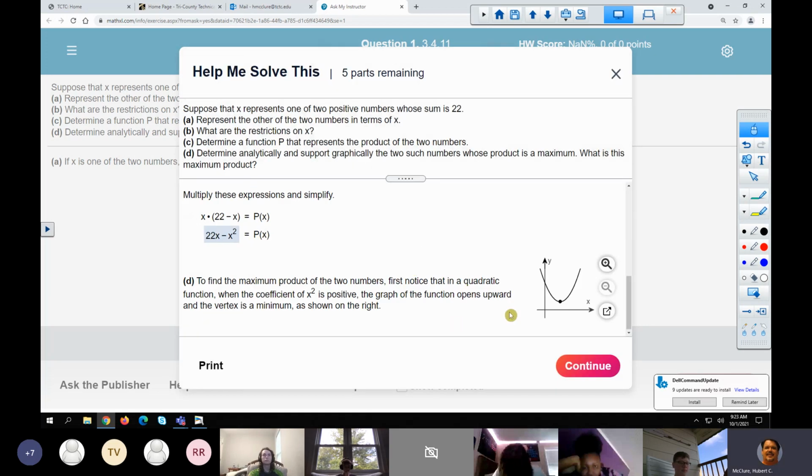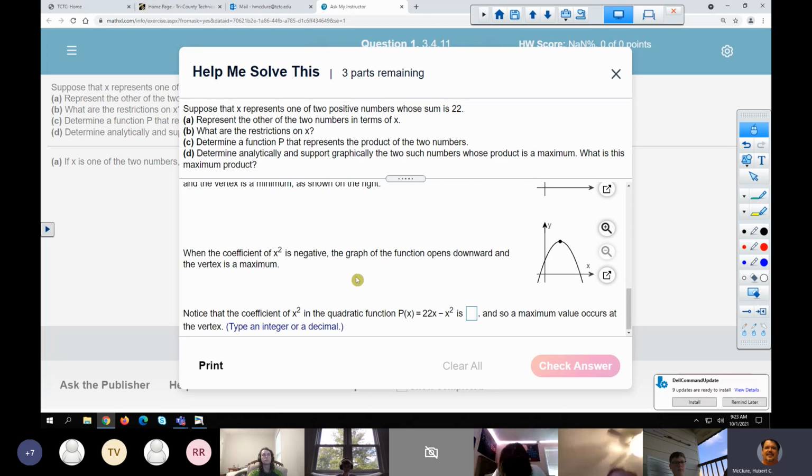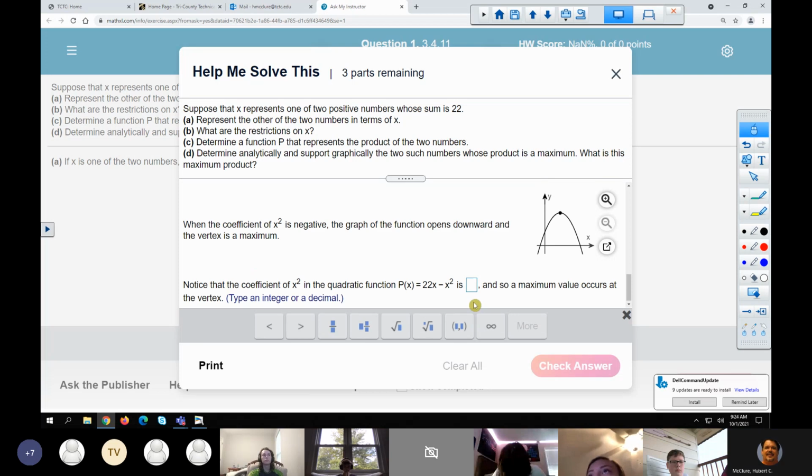And there's your vertex. When the coefficient of x squared is negative, well, that just opens downward. It's upside down or concave down.